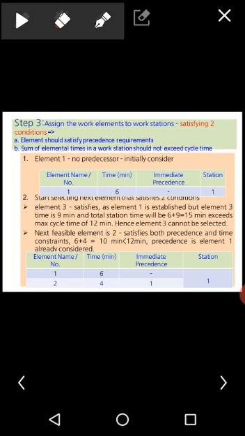So here we are not taking element 3 in this particular station 1. Got it? Then we can check the next feasible element by satisfying the two conditions.